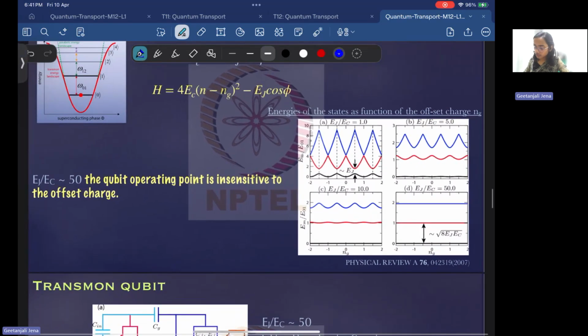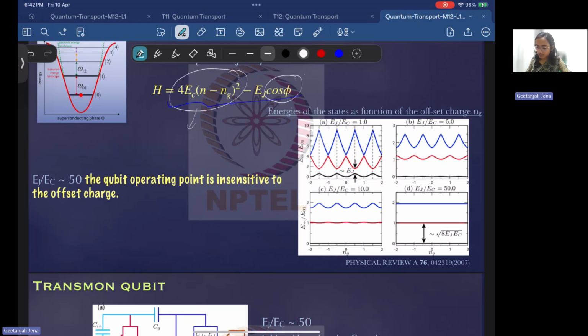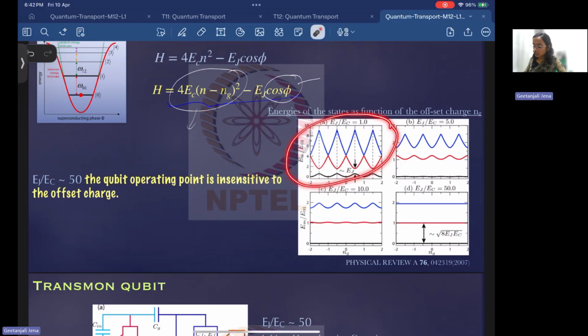If you look at the Hamiltonian here, it is parabolic in the offset charge, as well as a sinusoidal function of phase. If you look at this figure, because of this parabolic relation as well as the sinusoidal relation, we see that it oscillates and shows a parabolic shape.